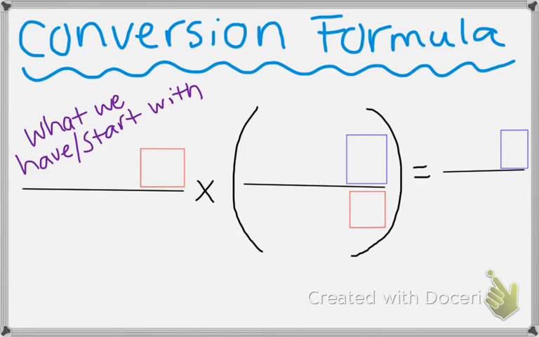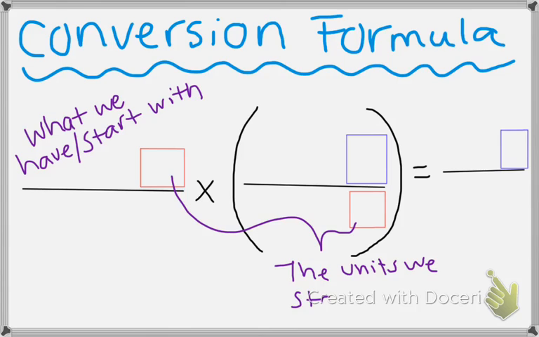Now, those boxes are all for the units. The red box, and the red box on the bottom, those two you would fill in with the units we have, or the units we start with. Then the other 2 boxes, the blue ones, are for the units we want, the units that we're looking for.